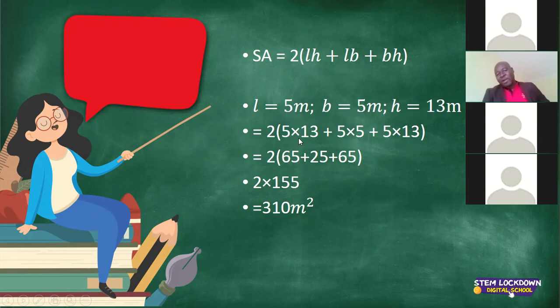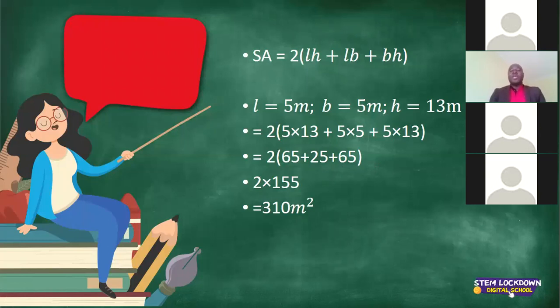Of course, 5 times 5 is 25, and 5 times 13 is 65. You add 65 and 65, they give you 130. 130 plus 25 gives you 155. And of course, if you multiply that by 2, you get 310 square meters.